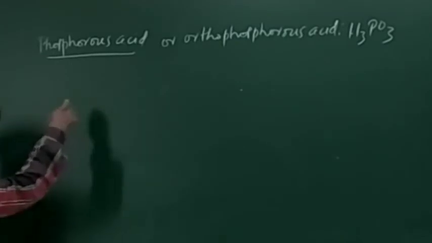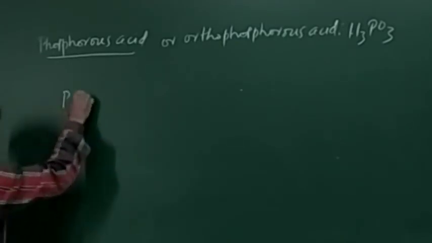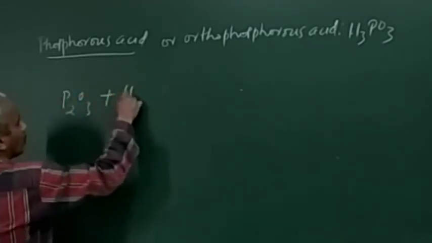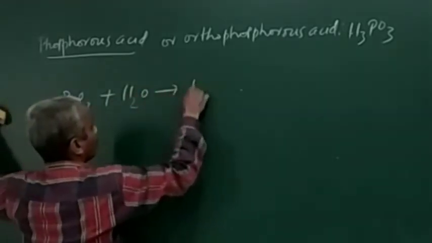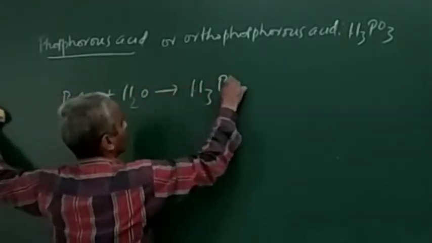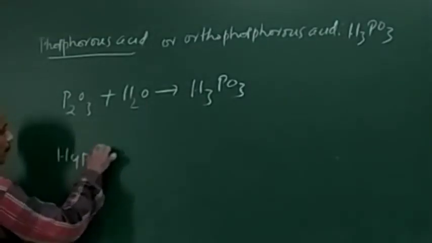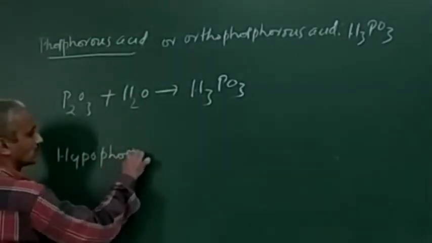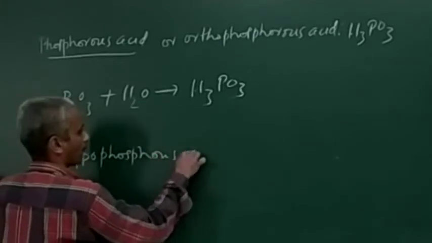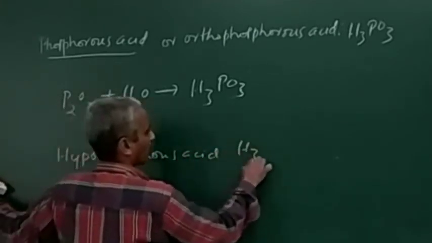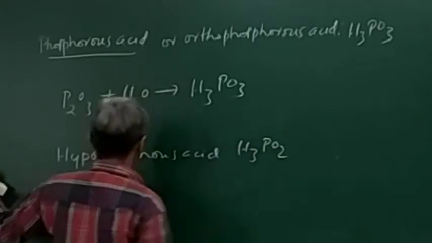How can we obtain this? P2O3, you react with water, dissolving in water, we are going to get H3PO3. Hypophosphorus acid: I forgot to mention this. What is it?